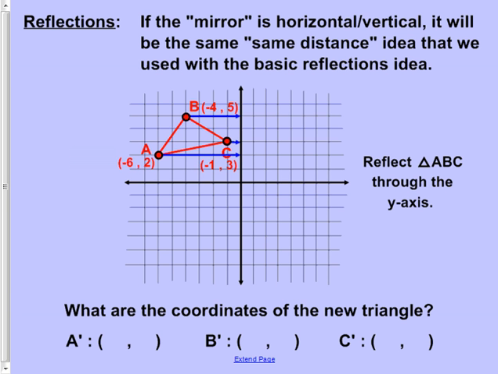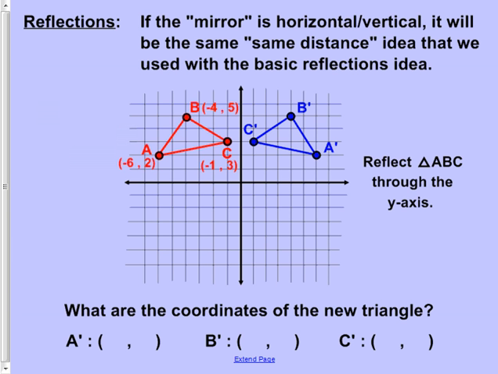So point A, point B, and point C, they look into the mirror and they come out of the backside of the mirror, and they are located at A prime, B prime, and C prime, coming out of the other side of the y-axis. Okay, we can then connect the three corner points, and we have our new triangle.